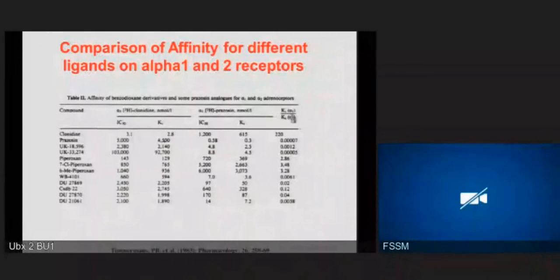The Ki of alpha 1 on Ki on alpha 2. So when it is high, it means that, according to the arguments here, this is a preferential alpha-2 receptor ligand, and when this is extremely low, it means that this is a preferential alpha-1 ligand.